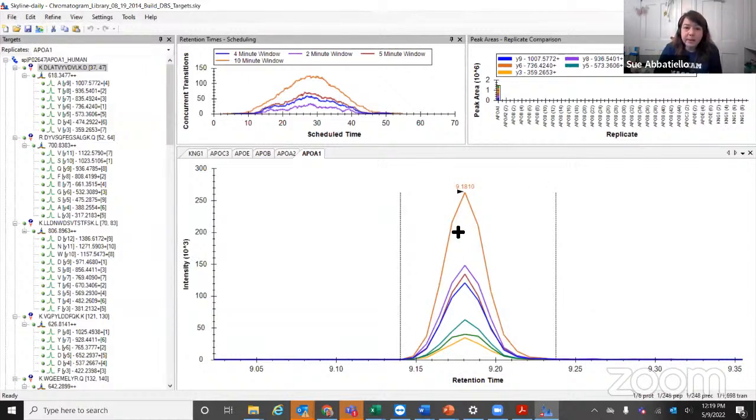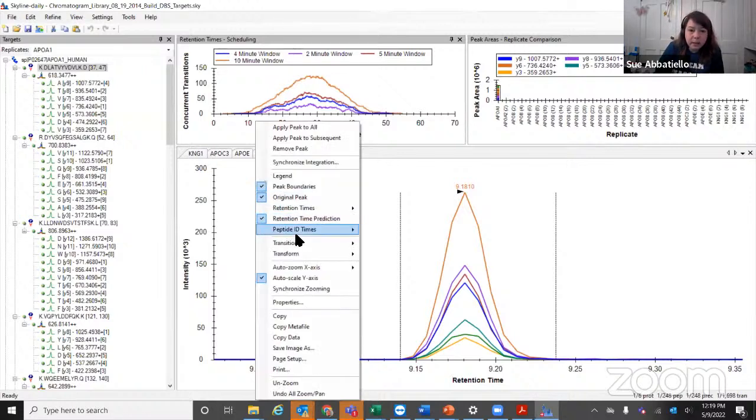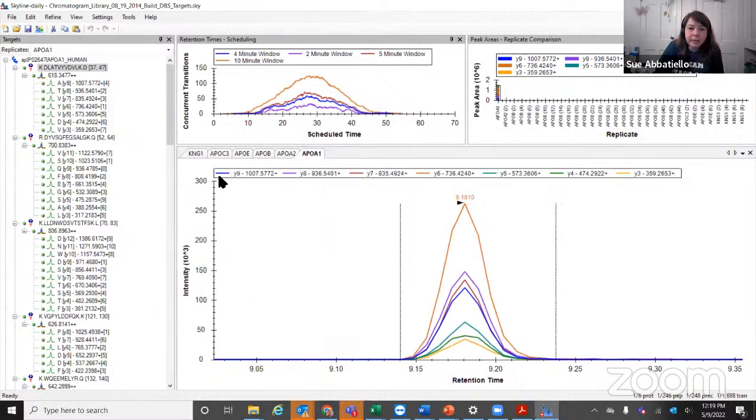And that'll zoom into the peak that Skyline thinks is your peptide. So what's nice about this is we see the retention time, we see the signals from all of the product ions. If we right click, we can put in the legend, and we can see the product ion signals that are being extracted from the data and their different colors.